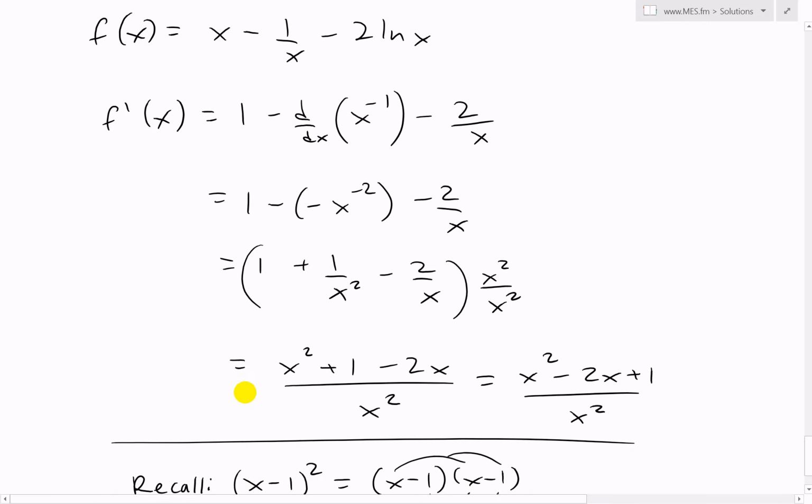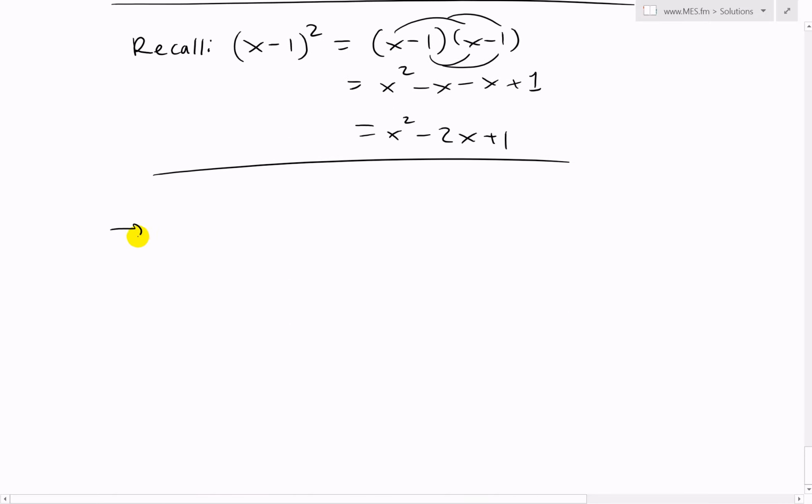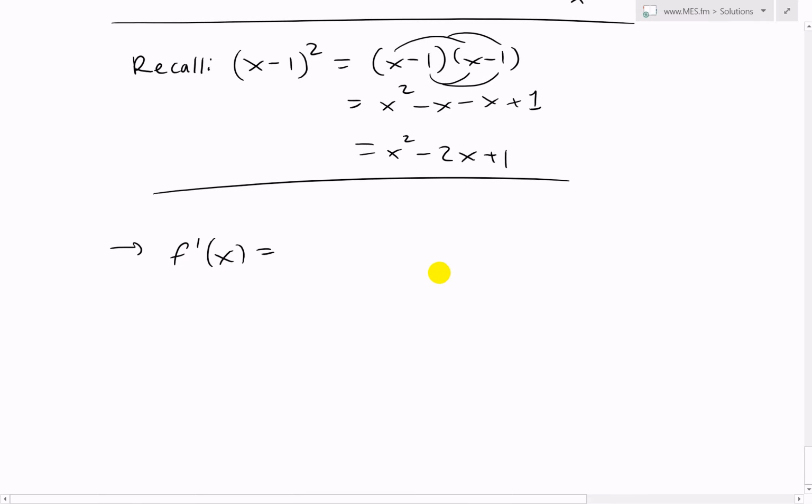So now we have the derivative f prime of x equal to x minus 1 squared over x squared. As you can see, whatever number you put inside here, especially if x is greater than 1, you'll have a result greater than 0.